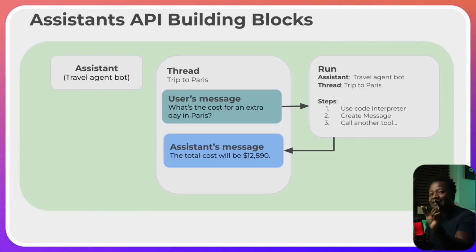Because remember, the assistant will have all of the specifications that it needs, so it knows what it specializes in. In this case, is a travel agent bot. So the run needs to have a reference to these assistants. So when it goes and starts running the steps, it knows what knowledge base it needs, as well as other tools to indeed create those messages back.